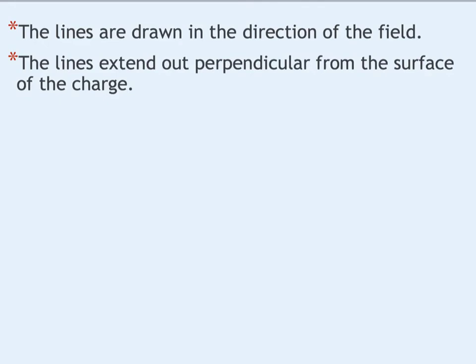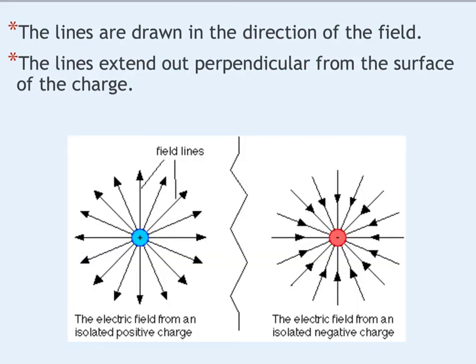So we're going to look at these first two rules first. Lines are drawn in the direction of the field, and lines extend out perpendicular to the surface of the charge. Here are two examples of what that looks like. We've got a positive charge here, which, if our test charge was positive, would force it away, so the arrows point out.